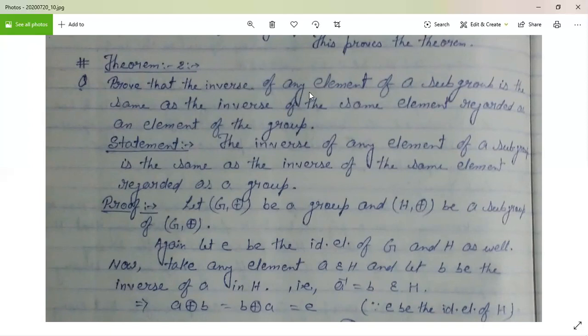Prove that the inverse of any element of a subgroup is the same as that of the inverse of the same element regarded as an element of the group.